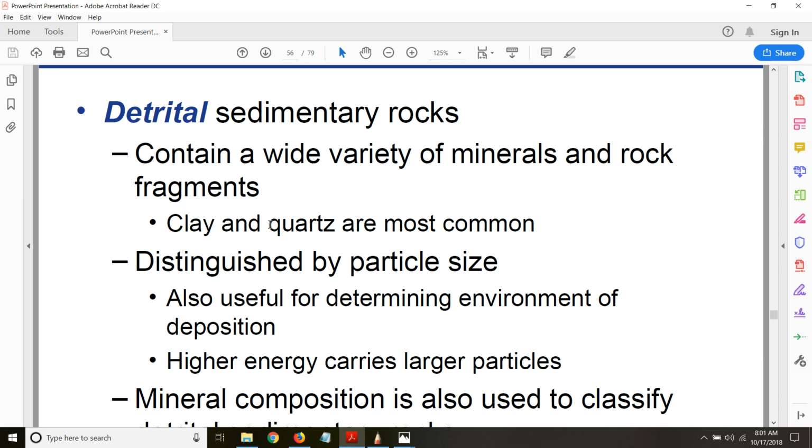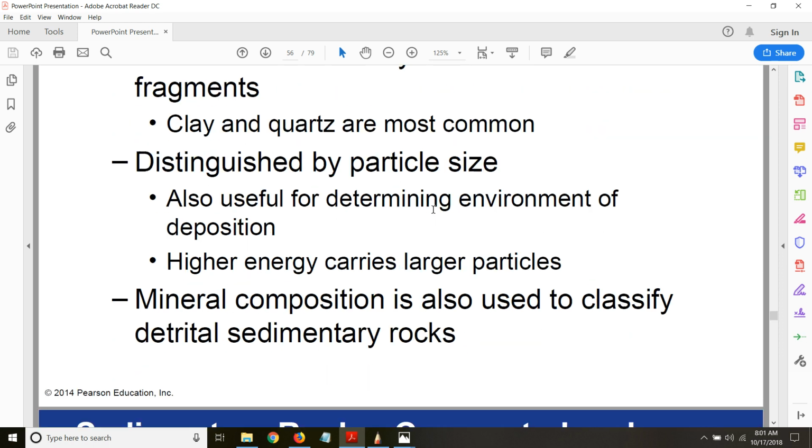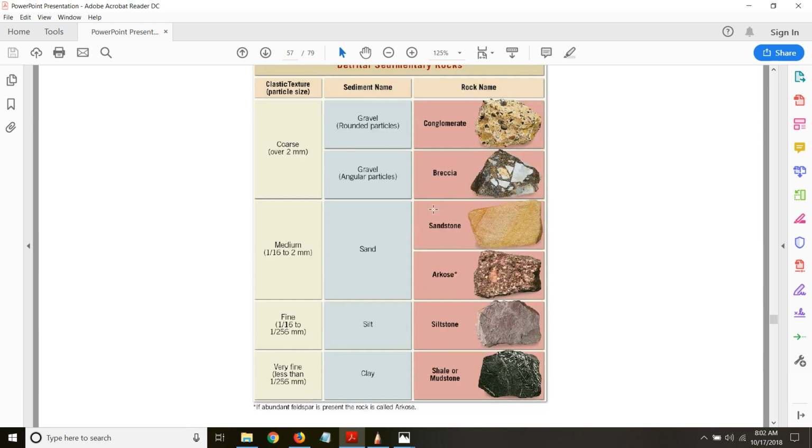Distinguished by particle size, you can classify this detrital sedimentary rock based on their size. This is a figure from your textbook which classifies the sedimentary rocks based on their size. There are four different categories based on the size.